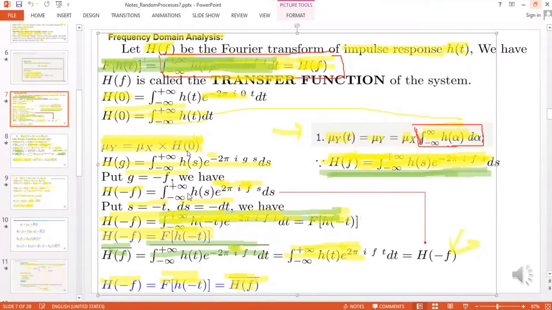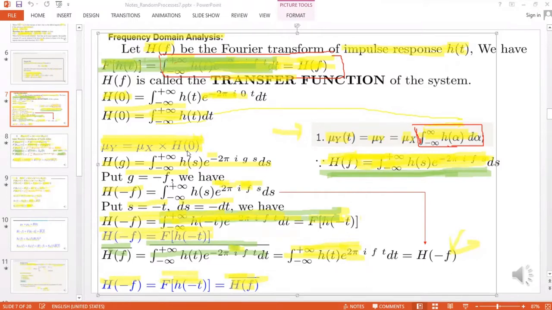But we have seen that if this minus is replaced by plus, and here the variable of integration is s and here the variable of integration is t, it means this thing is equal to this thing. So finally we can write H of minus f. The complex conjugate of H of f is equal to H of minus f. So this is another result.